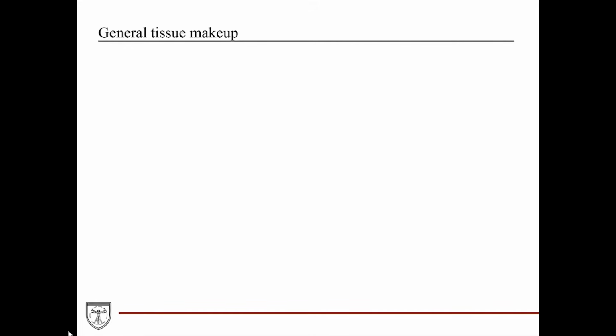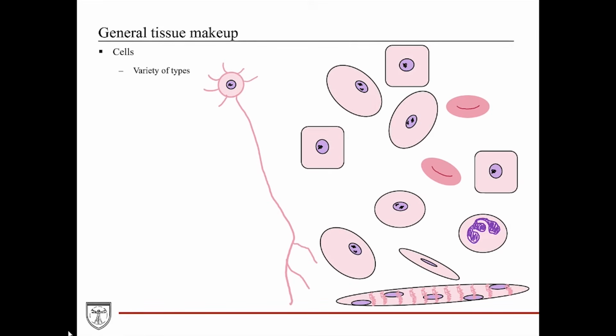So let's talk about, in general terms, what tissues are made up of. As mentioned earlier, cells are the first ingredients. And in terms of the cells, we have a countless variety of types of cells that make up our body. We have cells that are cuboidal. We have these discoid or biconcave cells without nuclei.